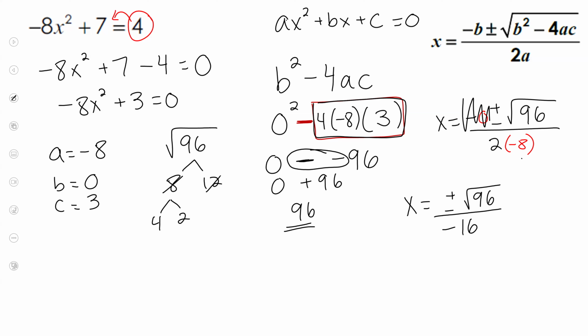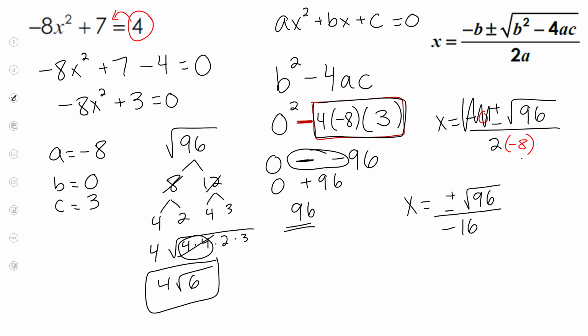Can we break down this 12? 4 and 3. Do you guys see a pair? Perfect. So this is 4 times a 4 times a 2 times a 3. So here's a pair of 4s. Cross it out. It'll go outside. What's left over on the inside? 6. 2 times 3 is 6. So square root of 96 can be simplified as 4 square root of 6.